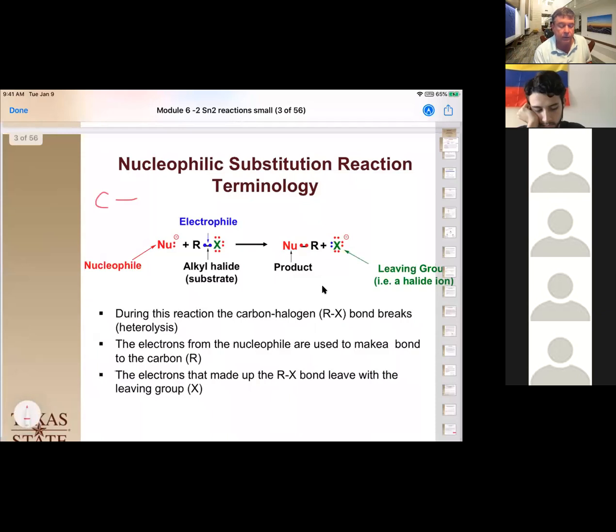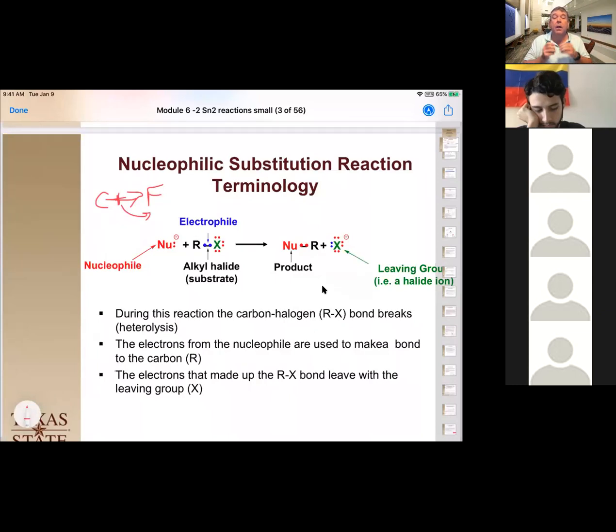And therefore, there is a polar bond, with electron density being pulled toward the fluorine. That ability of that fluorine to pull these electrons away from that carbon is making the carbon the electrophile in this reaction.